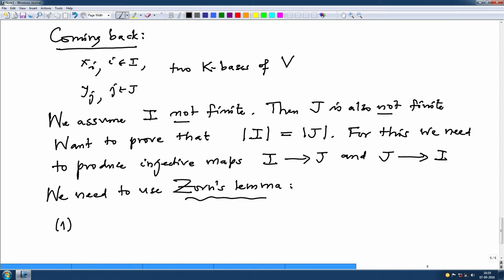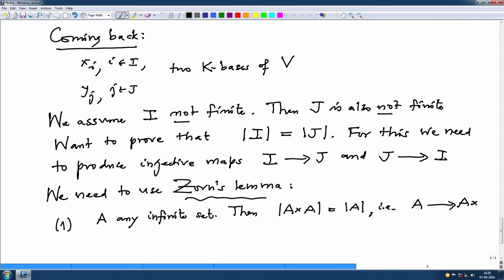The first assertion one proves by using John's lemma is: if A is any infinite set, then the cardinality of A cross A is the same as cardinality of A. So, this means there exists a bijective map from A to A cross A. This is a simple application of John's lemma, that I will not do the proof here.